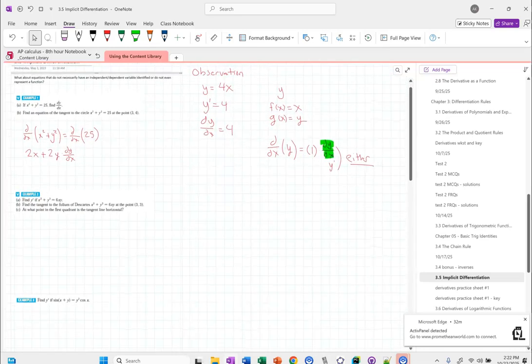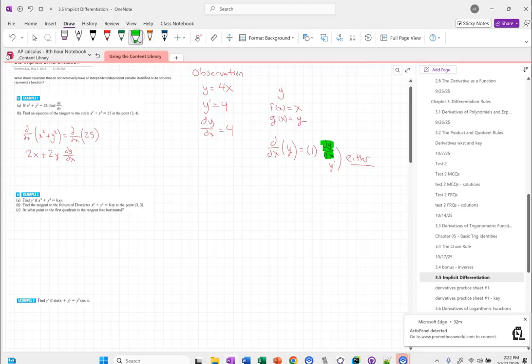So the way to remember this is if the variable that I'm differentiating with respect to differs from the variable I'm differentiating, I get one of these.